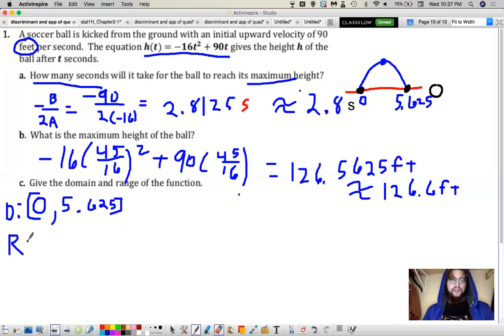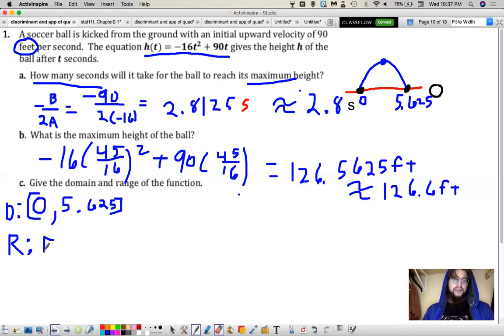My range, oh, it's going down forever, negative infinity, right? Does it go below the earth? It's not a magic tunneling ball. They didn't say it falls into a giant gopher hole. It's not going down the Grand Canyon. We have to assume, if not specified otherwise, that it starts at one height and lands at the same height.